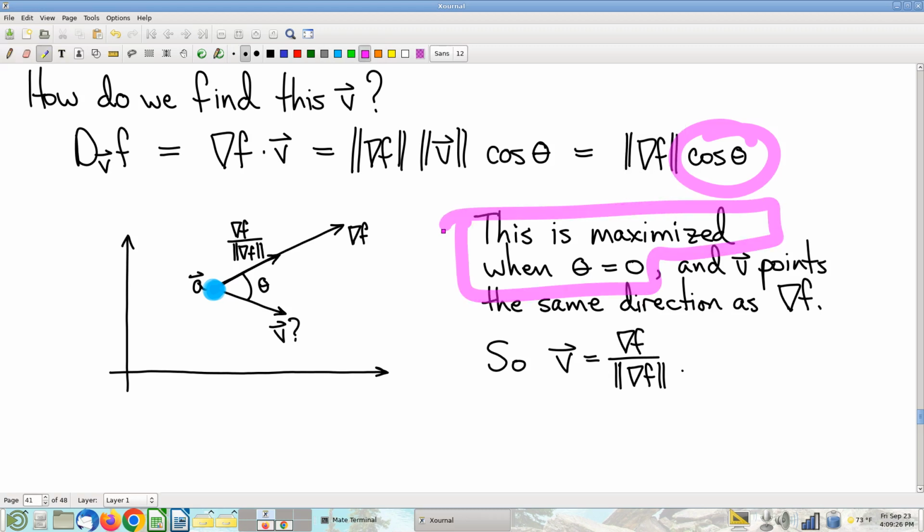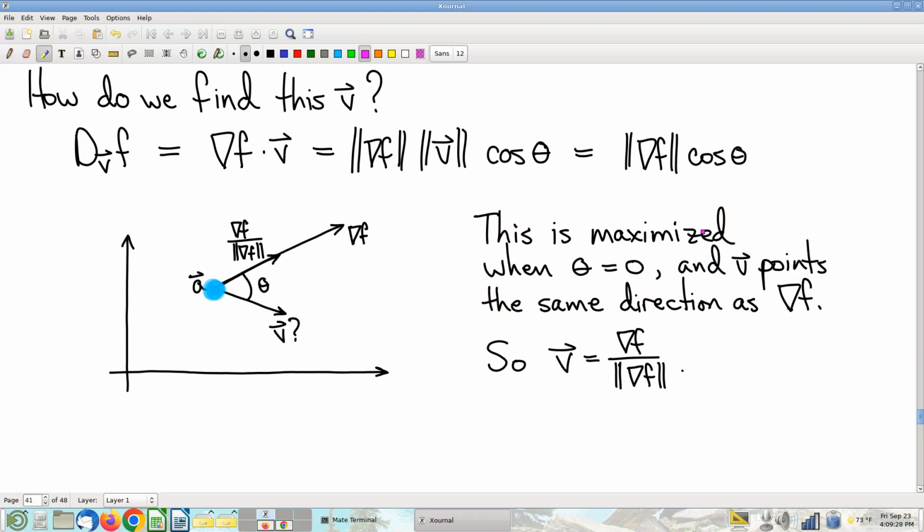That means the angle between the gradient vector and the optimal direction, the direction that I should be going, needs to be 0. That'll make cosine theta as big as it can be. That'll make the directional derivative as big as it can be. Is that cool?